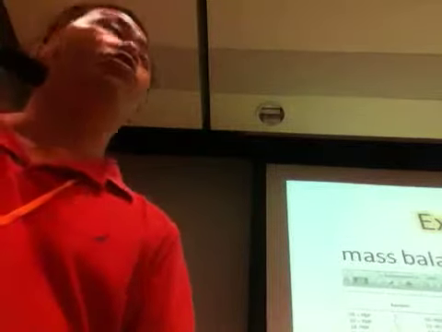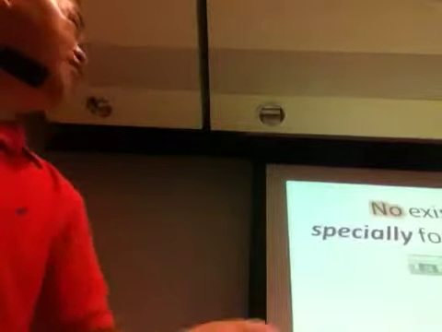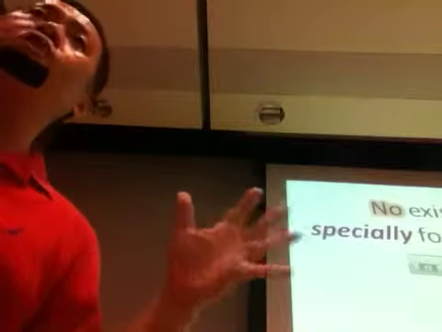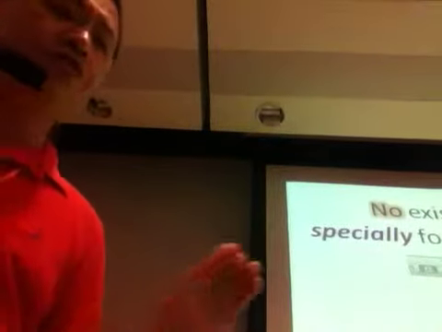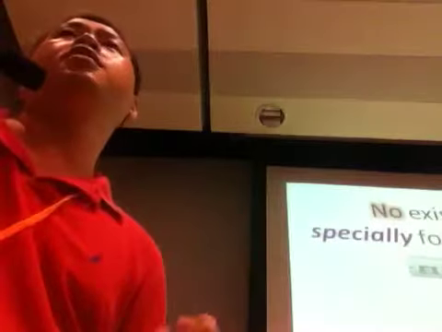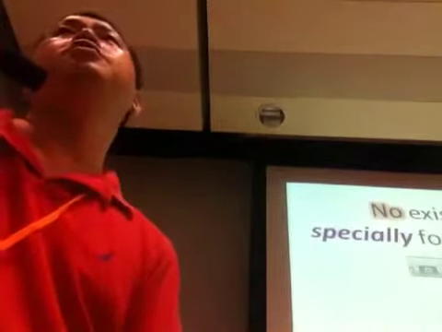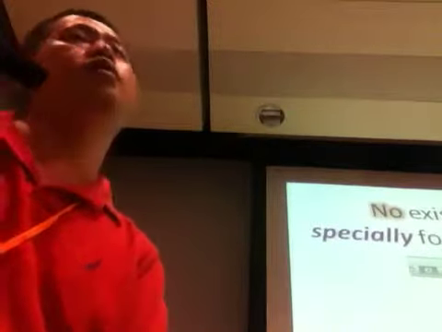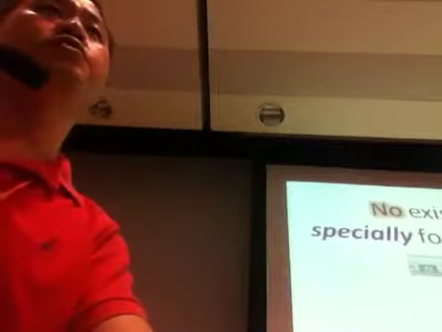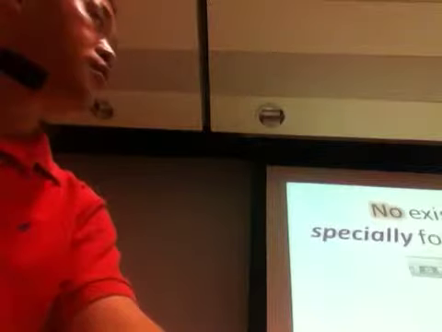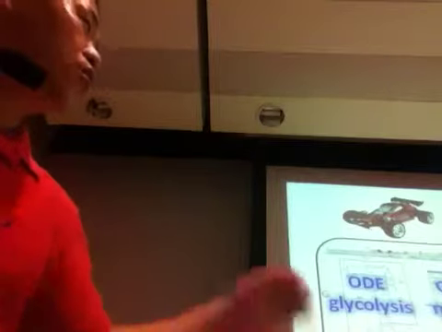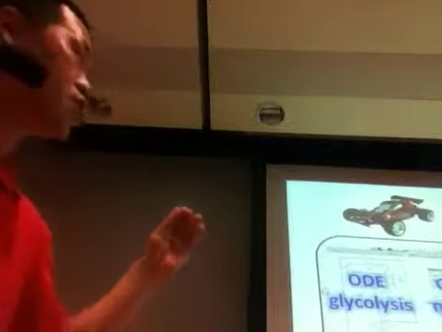But for the glycogen metabolism pathway, currently there is nothing specific for glycogen. I didn't find any computational models that describe this part in detail. So we try to construct these models.